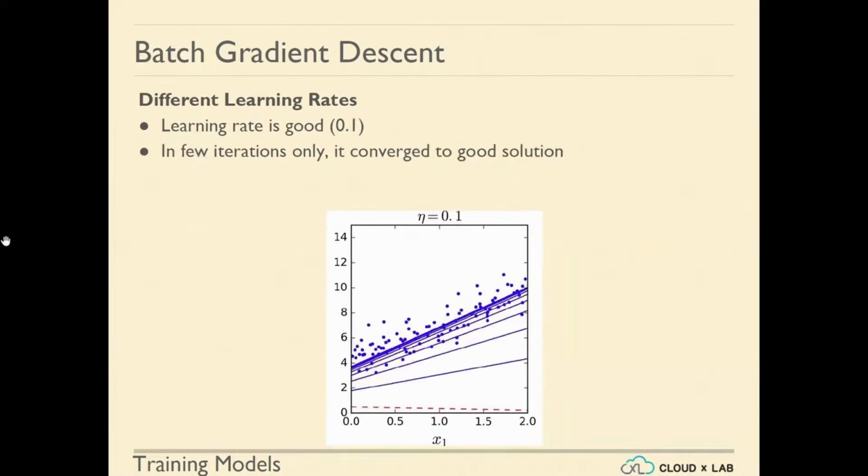So the learning rate has to be not too low and not too high. If you choose the correct value of the learning rate, then within very few iterations you will reach the solution position. You will get the optimal solution, right?